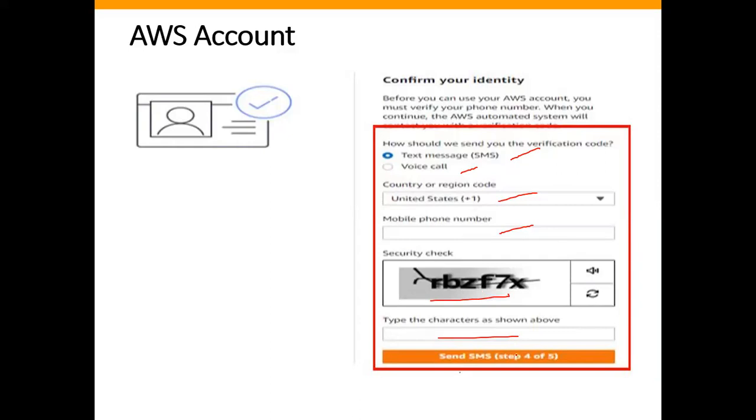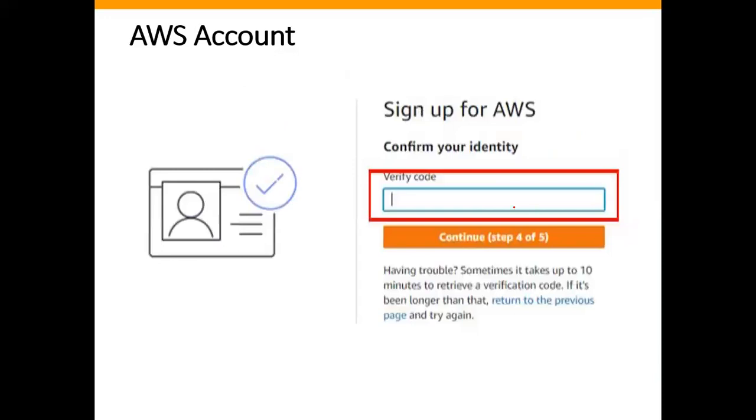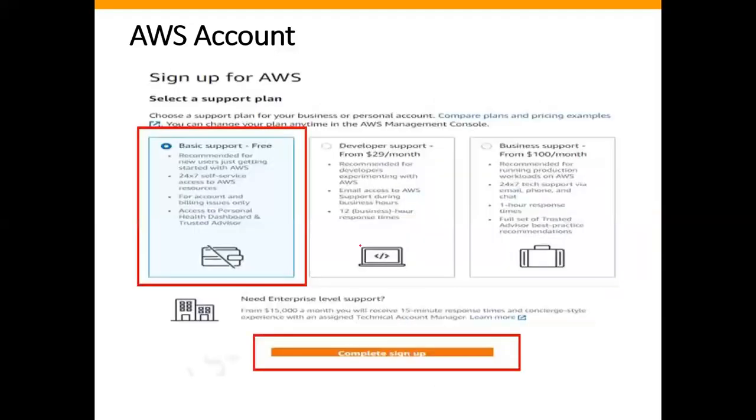Then click on send message or voice call. You will get an OTP, and you need to enter that OTP here to validate your mobile. After validating your mobile number, you can click on continue.